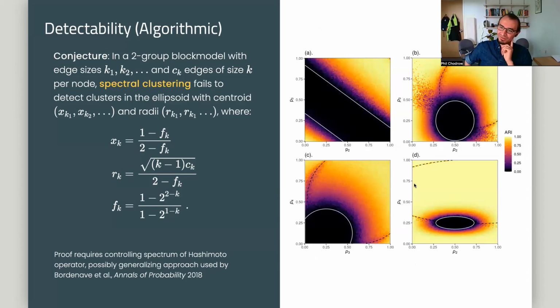When I say undetectable region, I want to emphasize that I'm stating a conjecture, but we have posed the following conjecture based on some theorems and some additional conjectured results. So conjecture: in a two-group block model with specified edge sizes and specified degrees, there's an ellipse in which spectral clustering fails to detect clusters inside that ellipse. So I've shown you that for a few cases.